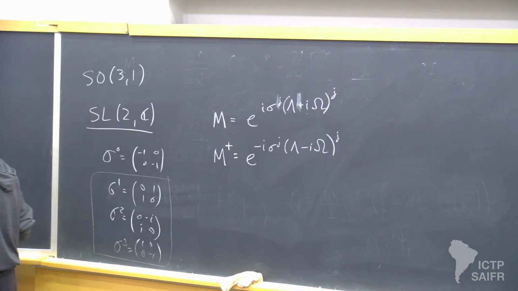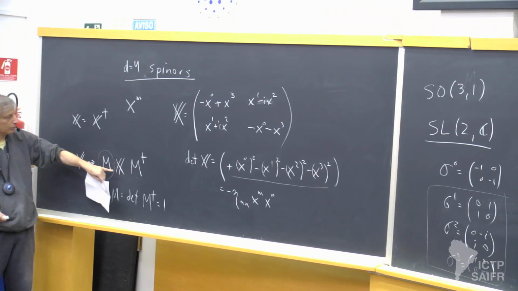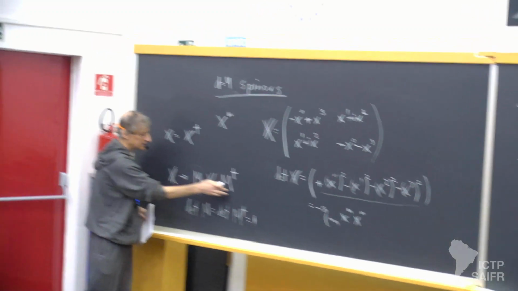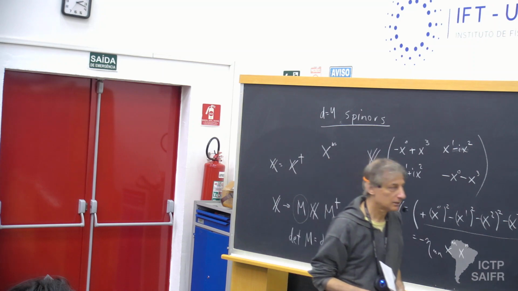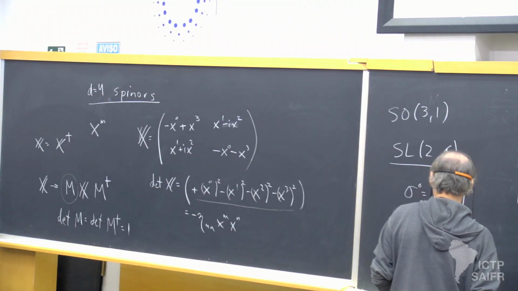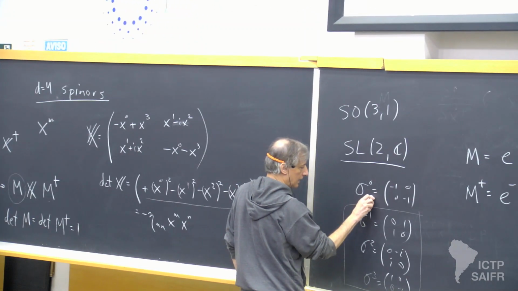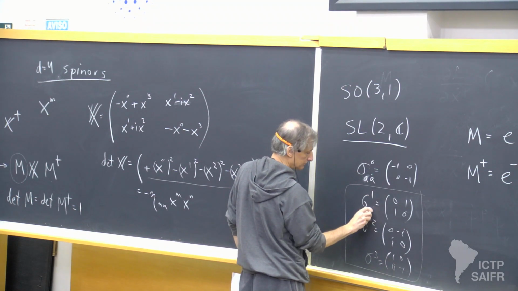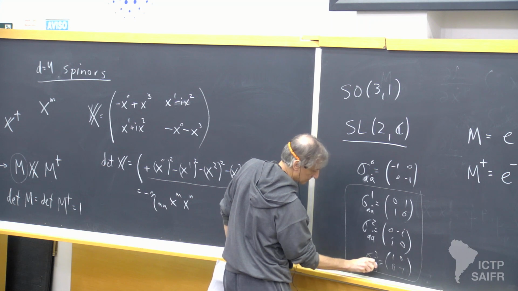I can define a spinor as something which transforms by the action of either M or M dagger, whereas a vector involves a transformation using both M and M dagger. So I'm going to put in some indices now. These are 2 by 2 matrices. I'm going to use the notation A A dot.